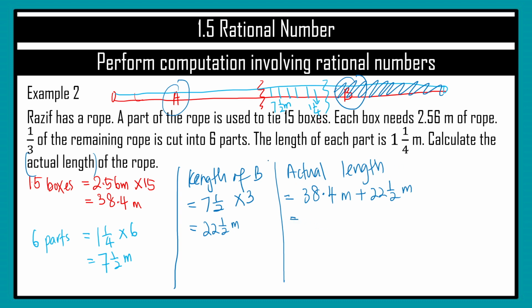If you total both of them together, you should be able to get 60.9 meter. You can leave your answer like this. If you wish, you can also change it into a mixed fraction.